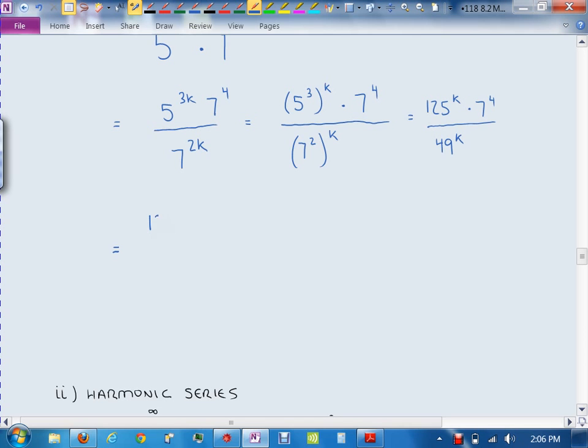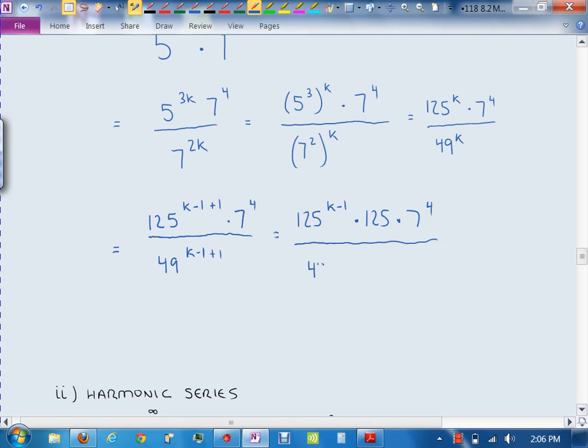So I'm going to go 125 to the k minus 1 plus 1, times 7 to the 4th, over 49 to the k minus 1 plus 1, which is 125 to the k minus 1 times 125 times 7 to the 4th, all over 49 to the k minus 1 times 49.